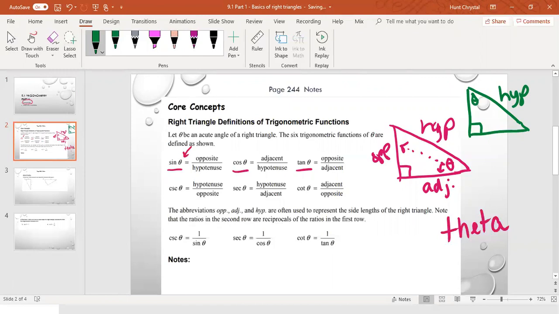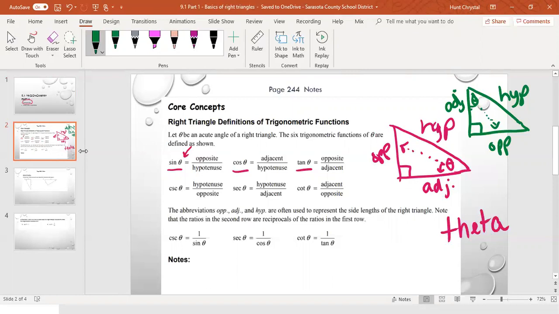Now in that case, the opposite is going to be this side, and the adjacent is going to be the one that's beside it, like this. The first thing you have to be able to do in trig is to find the adjacent, opposite, and hypotenuse of every right triangle. That is the only way that you can find sine, cosine, and tangent, which are your 3 basic trig functions.